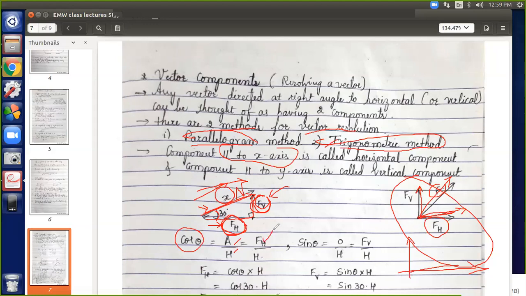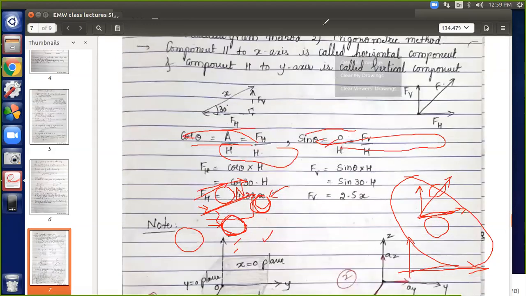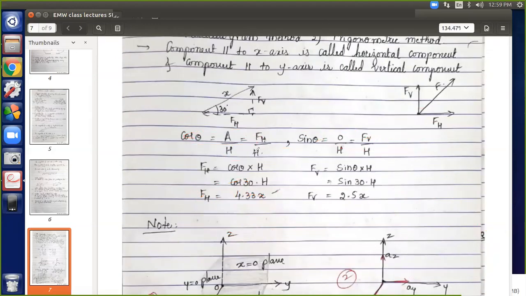Adjacent value is FH, substitute that. Then the angle theta, it is inclined at 30 degrees, substitute cos 30 into the hypotenuse. Hypotenuse value I have substituted x, and cos 30 you can calculate, some value you will get, you put that.